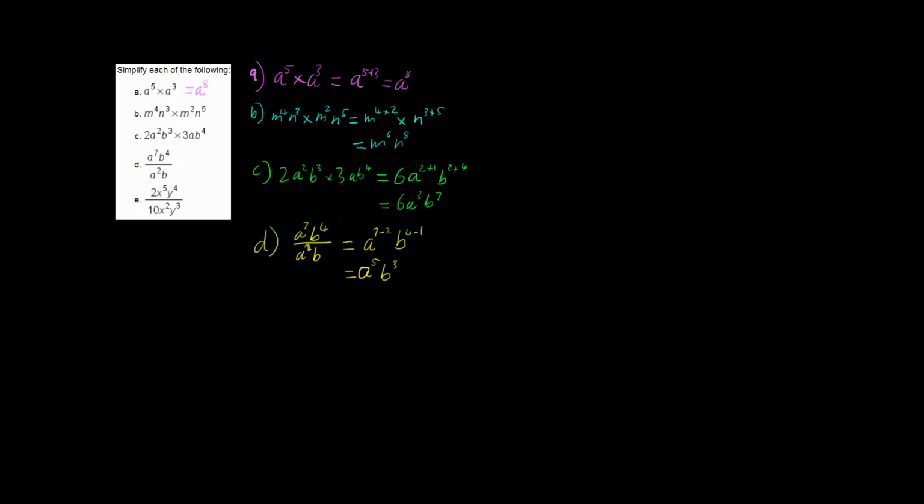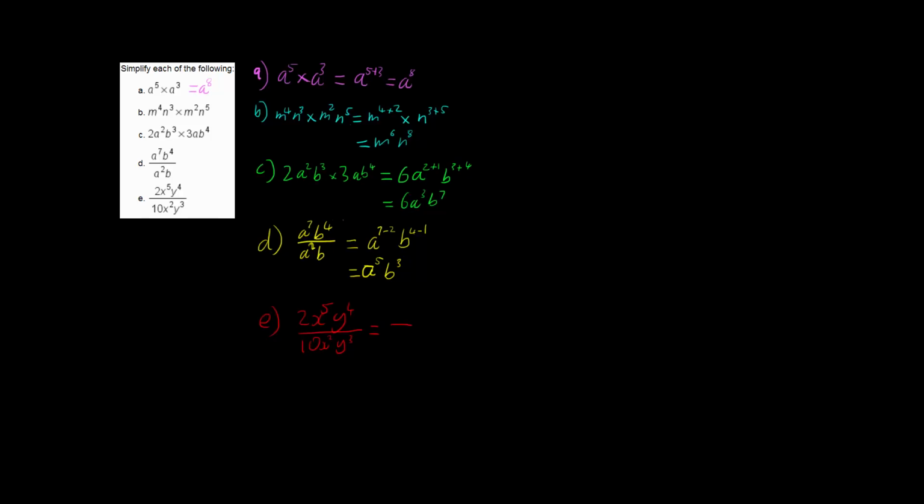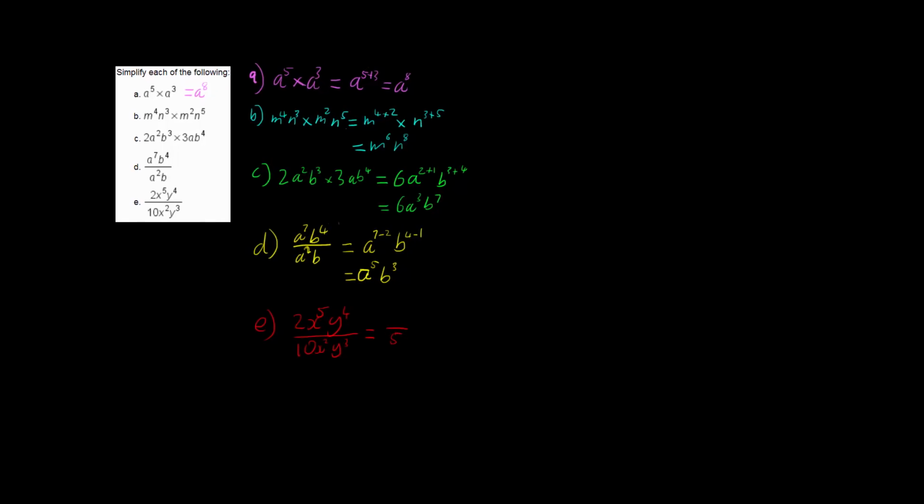Okay, and last one, part E. We have 2x to the 5th, y to the 4, over 10x squared, y cubed. Again, dealing with the numbers first, 2 over 10 gives us 1 over 5. I'm just going to write that as over 5 for now, because then we're going to have a look at the letters.